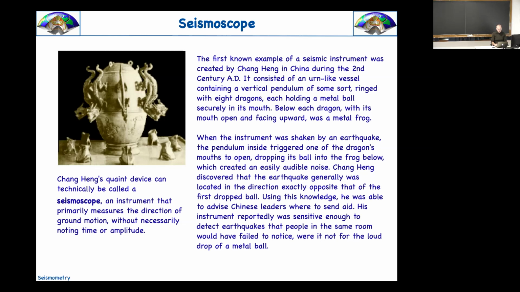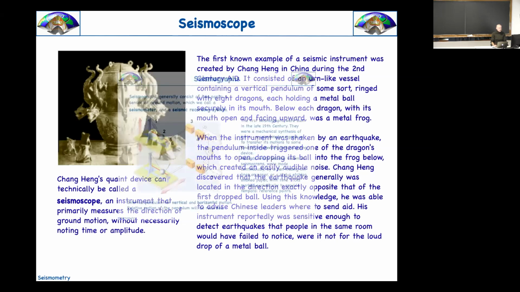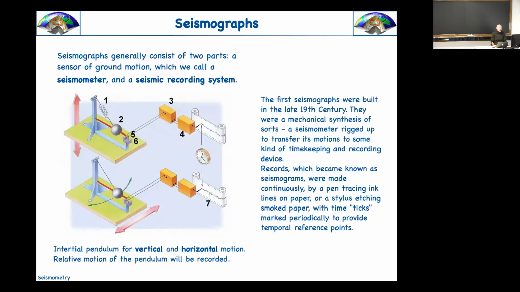So this is a seismoscope, but the classical instruments that can be called seismometers or seismographs have a sensor, which could be a pendulum, a mass and a spring, or a combination of them. And then there is a recording system.